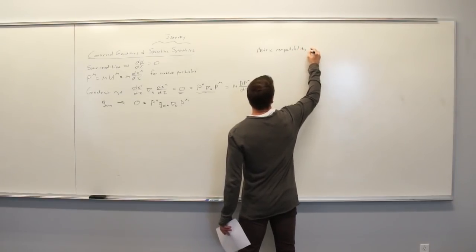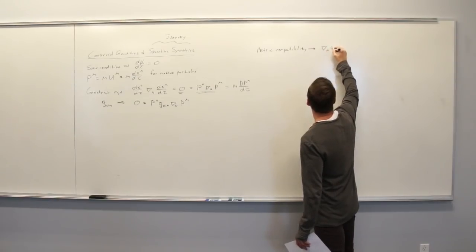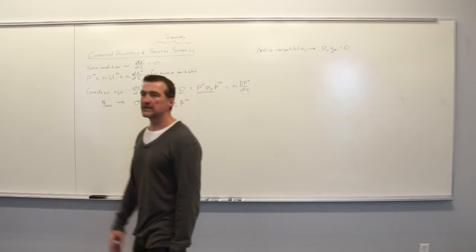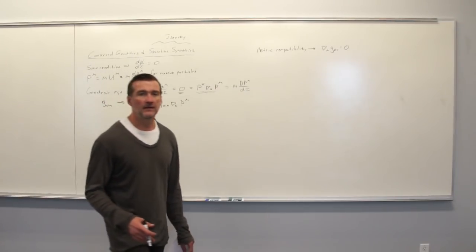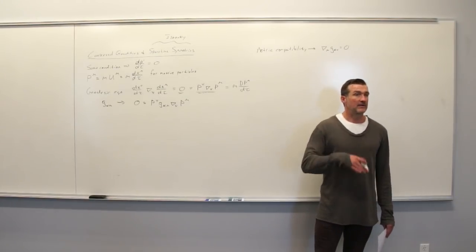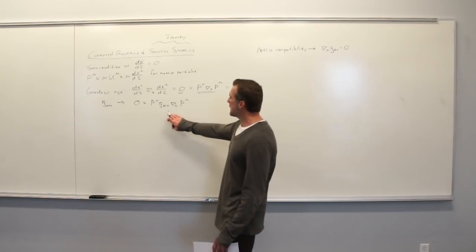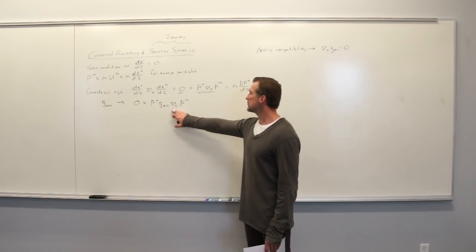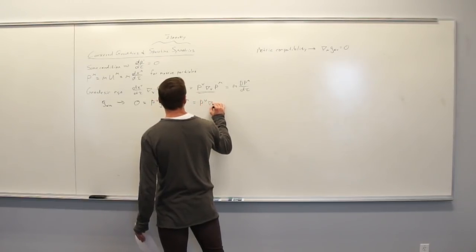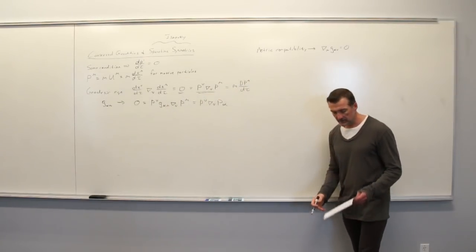Metric compatibility was just the statement that the covariant derivative of the metric is 0. The metric is covariantly constant. But if it's covariantly constant, you can move it past the derivative. That's what we mean when we say things are constant. So I am free to slip the g_αμ past the derivative, and in this case, this just becomes p^ν ∇_ν p_α, using the metric compatibility condition.